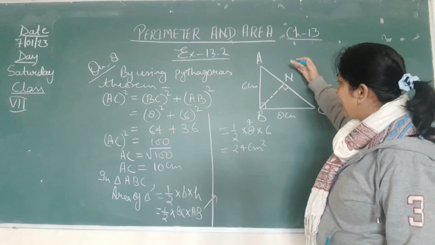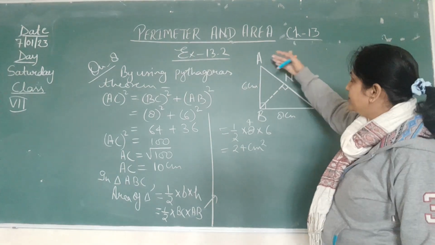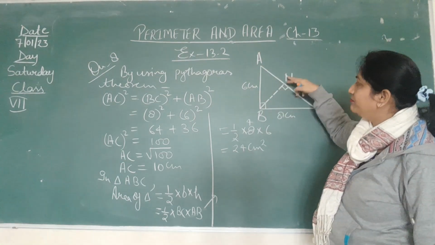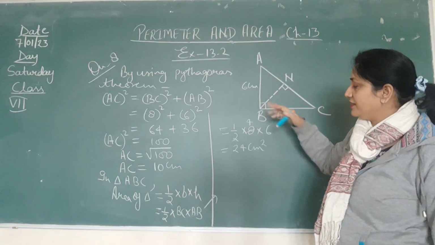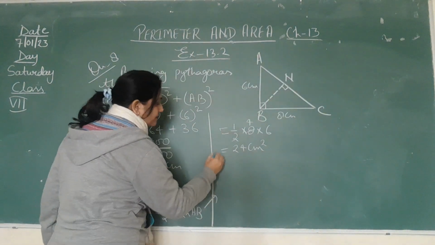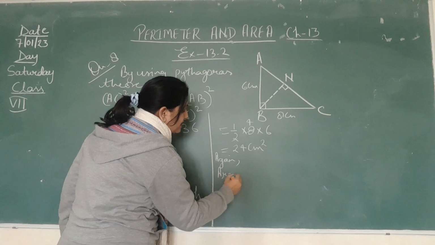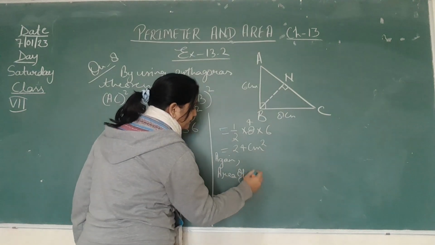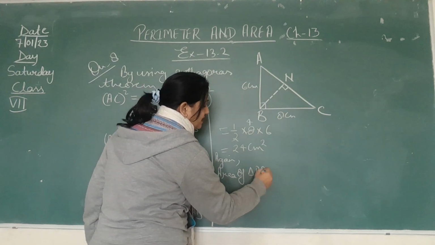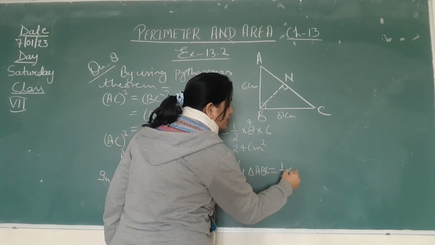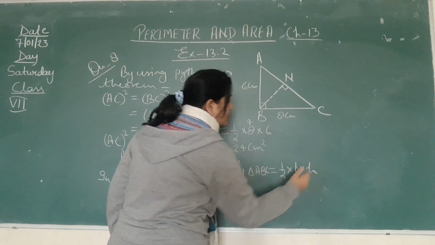We know the base of this triangle is AC, and you have to find the corresponding height BN of this triangle. So again, area of triangle ABC is equal to 1 upon 2 base into height.